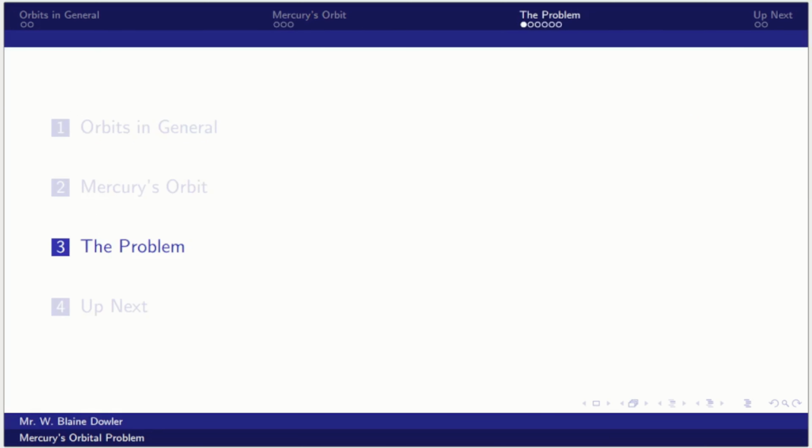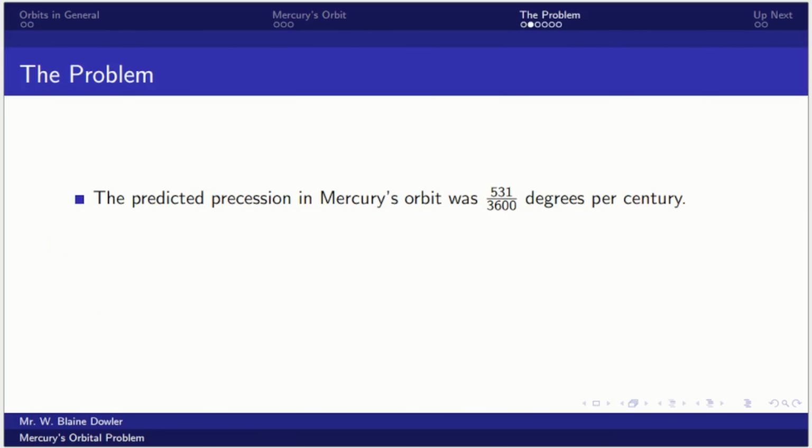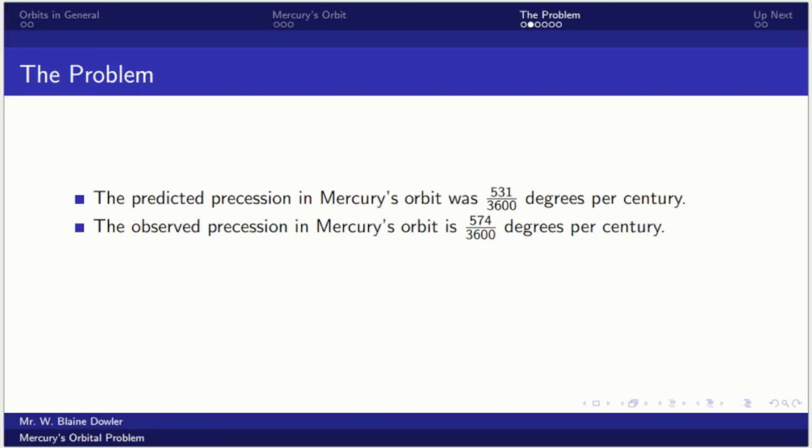So what's the problem? Well, the problem is that the predicted precession in Mercury's orbit was 531 of these arcseconds per century, and that the observed precession was 574 arcseconds per century. Doesn't seem like a huge difference. We're looking at 43 out of 3,600 arcseconds of a degree for each century.